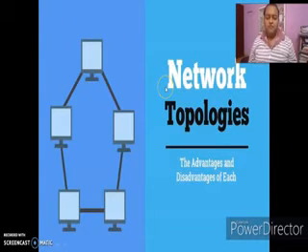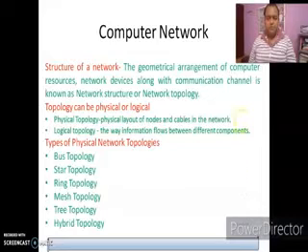Now, friends, the first thing is, what is network topology? In general, a network topology is the arrangement of networks. Today we are going to study the advantages and disadvantages of each, which is very important from your exam point of view. First, we must study what a topology is, what the structure of a network is, and why topology is required.